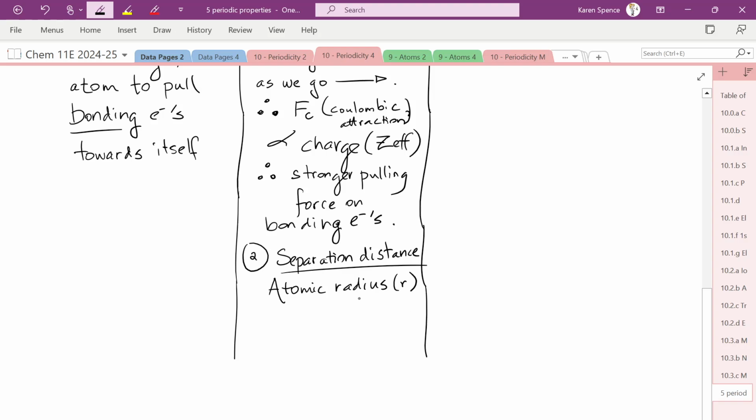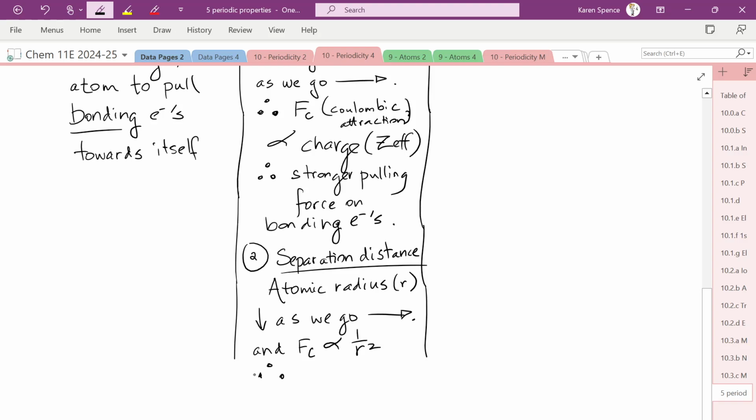And atomic radius decreases as we go to the right. And Coulombic attraction is proportional to 1 over r squared.